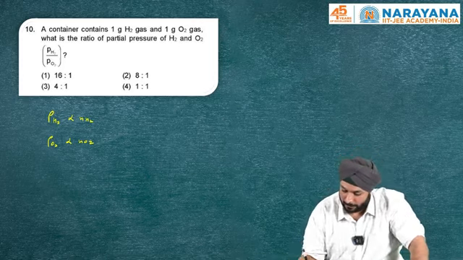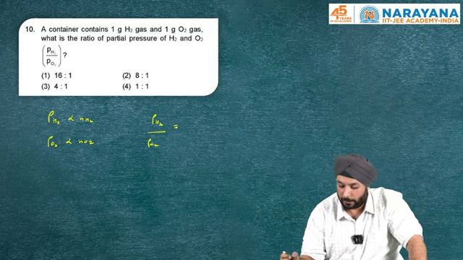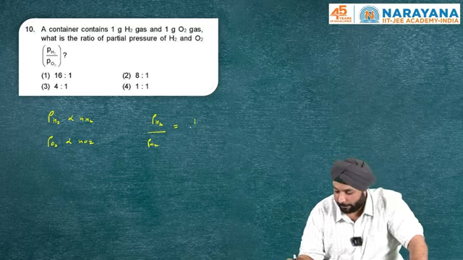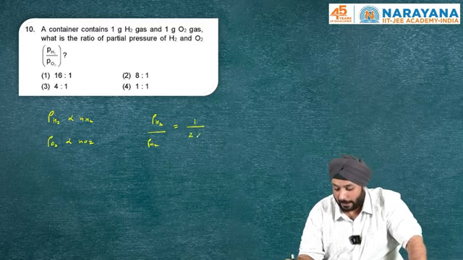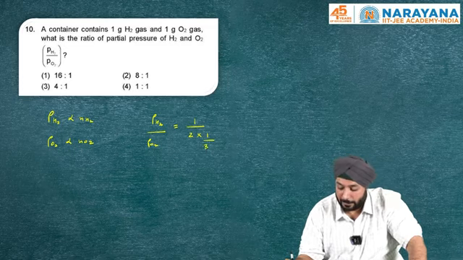Here the partial pressure of hydrogen to the partial pressure of oxygen should be equal to the number of moles of hydrogen, that is 1 gram divided by the molecular weight. What is the molecular weight of hydrogen? 2 grams. And the number of moles of oxygen is 1 gram divided by the molecular weight of oxygen, which is 32.